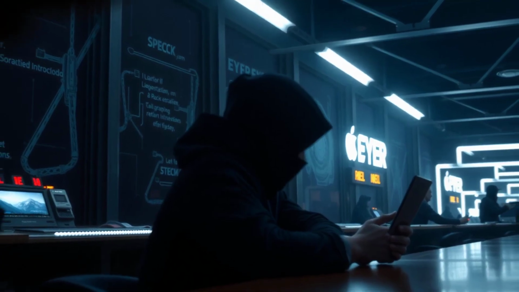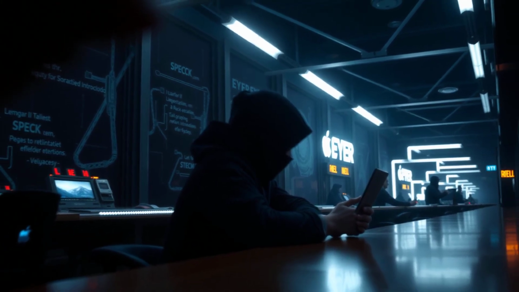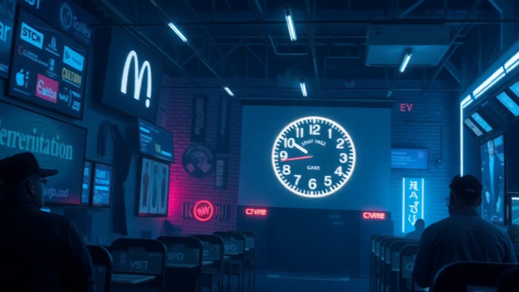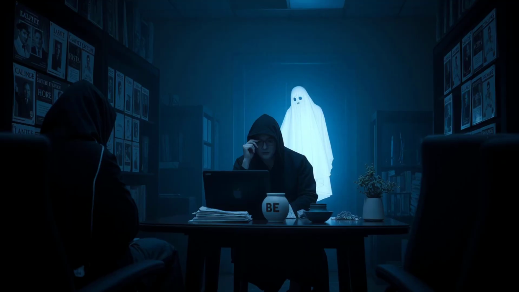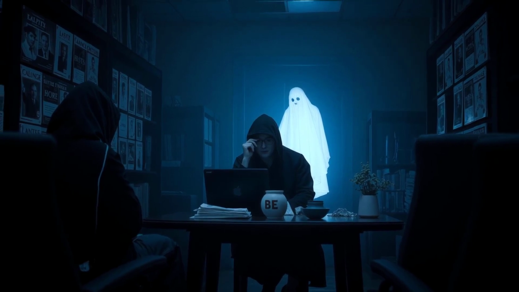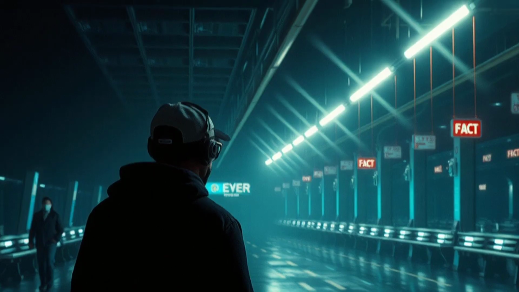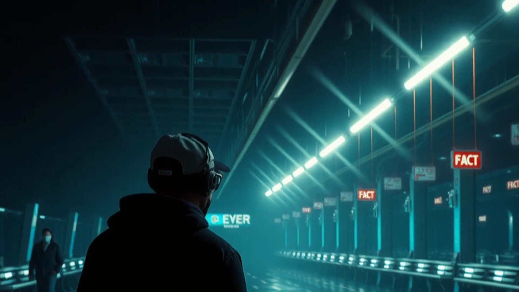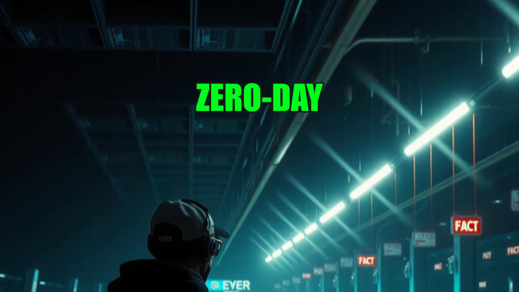Basically, if you owned an Apple product made in the last decade, it was vulnerable. Your iPhone, your Mac, your watch, your TV box. All of them had this ghost hiding inside, waiting. Some reports even suggest the fundamental error in the code traces all the way back to the original iPhone OS 1.0.